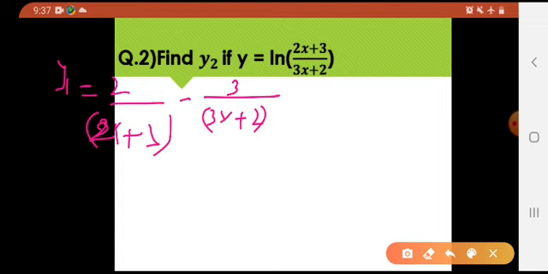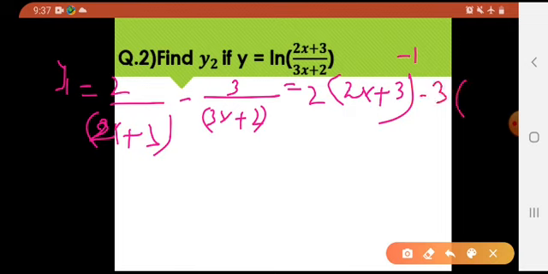This is y1. Now to find the next derivative, second derivative, पहले मैं ये x को न्यूमरेटर में ले जाऊंगी ताकि हम पावर रूल लगा के इसका डेरिवेटिव फाइंड आउट कर सकें. 2 into (2x plus 3) raised to the power -1, minus 3 into (3x plus 2) raised to the power -1. Done.